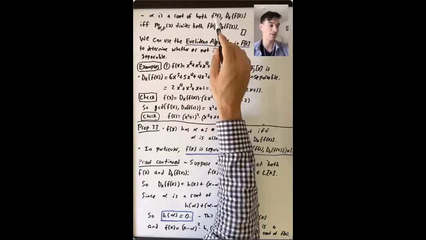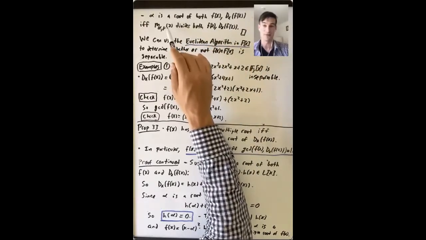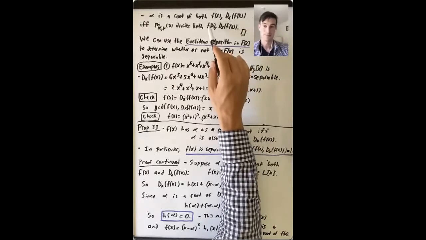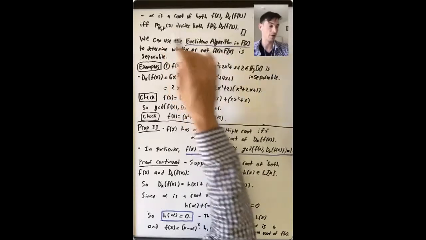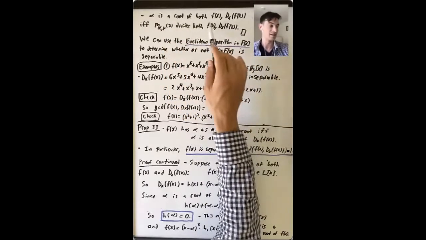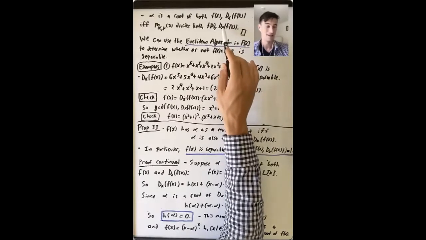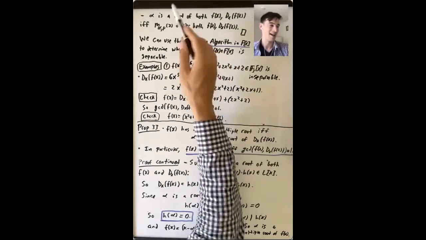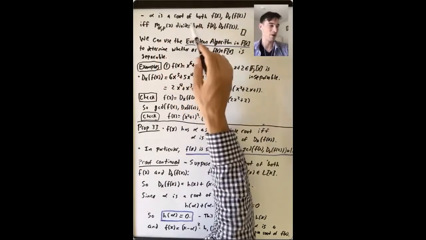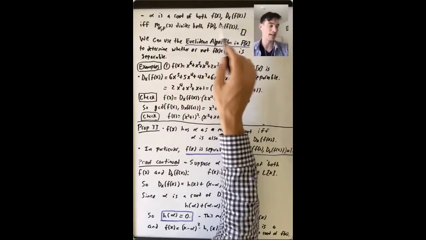So if alpha is a root of f of x, then the minimal polynomial of alpha divides f of x. And if alpha is a root of the derivative of f of x, the minimal polynomial divides this derivative. So if alpha is a root of both of these, then the minimal polynomial divides both of these.